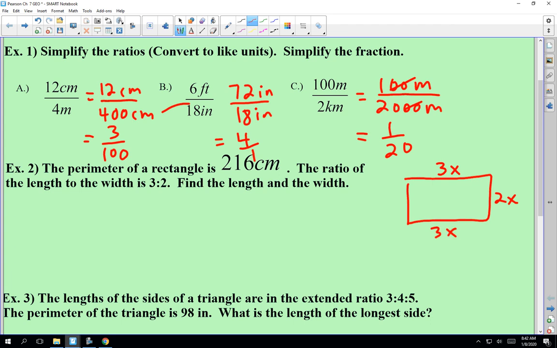So I have 2 times 3x. How many of the 2x's do I have? 2 of them. And 2 times 2x. And somehow that's going to equal a perimeter of 216, right? Or you could think of it as just adding all 4 of these up if you'd like to. So a little bit of algebra. You have 6x plus 4x.